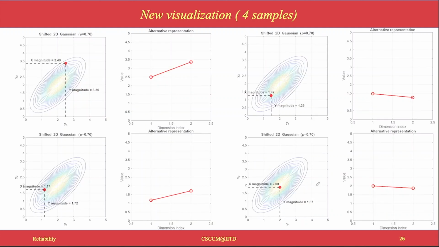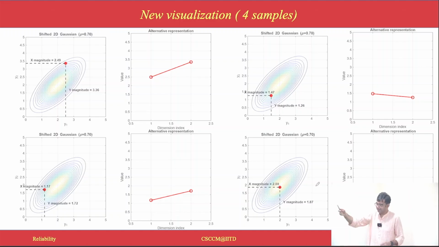If you draw different samples, the line will change. Top left, the sample is at the top, so y is more, x is less. That you see in the pattern, the line is something like this. The second one, y is less, x is more. Another sample goes like this. And like that, you can get different samples.